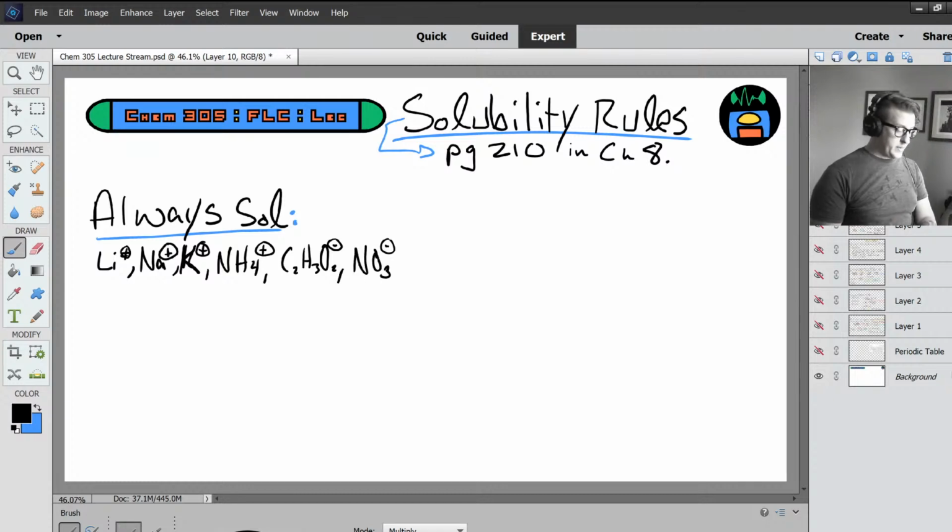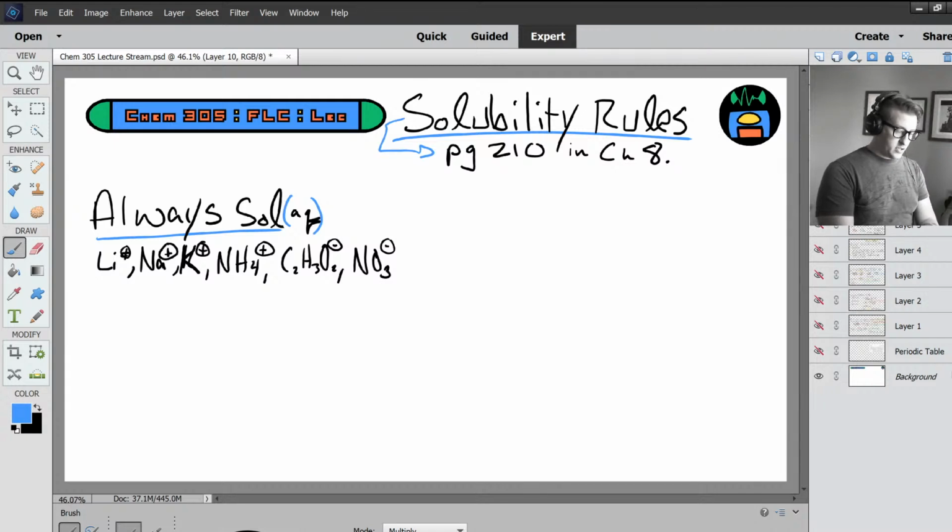These are our always soluble ions. If they're in an ionic compound, that compound will be soluble. And when I say soluble, what I mean is that that ionic compound will be in the aqueous phase.